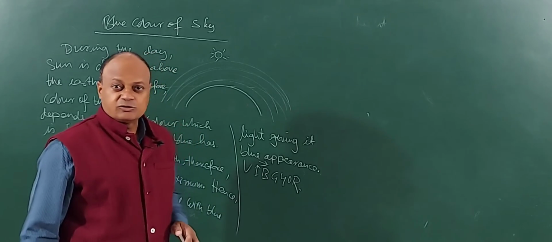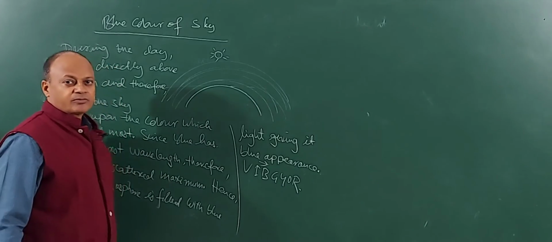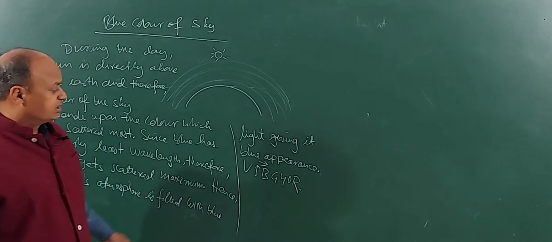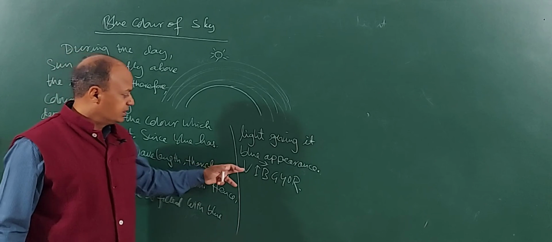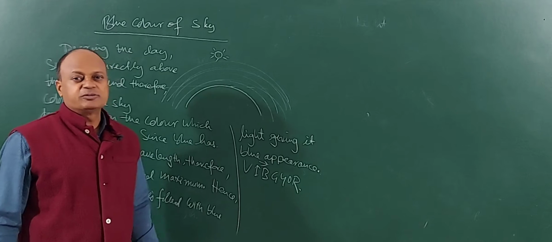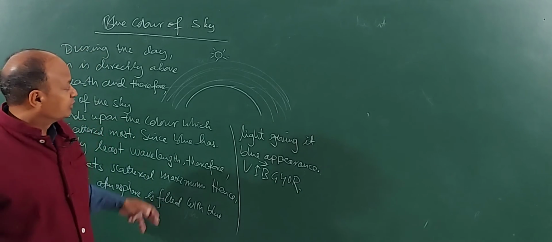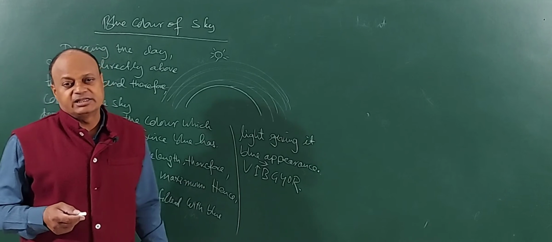And these colors do not get scattered, they pass through what? Earth's atmosphere. So we do not see them in the day, we only see blue color. Of course, you see violet and indigo also, but you mix them together, the whole appearance will be blue. Alright? So this is the reason why the color of the sky in the day is blue.